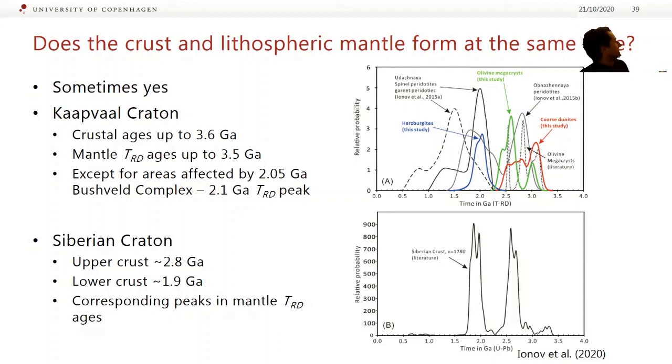There's a major crust peak about 2.8 billion years old, and we also see a major peak in the TRD ages here. And finally, the lower crustal ages are about 1.9 billion years old, and there's another peak in the ages of spinel peridotites there.